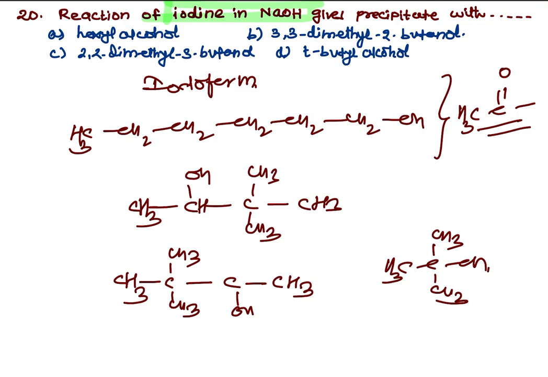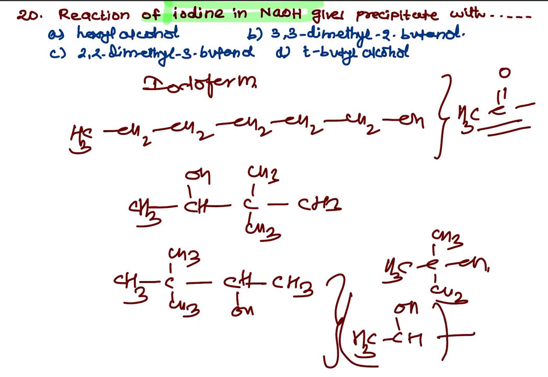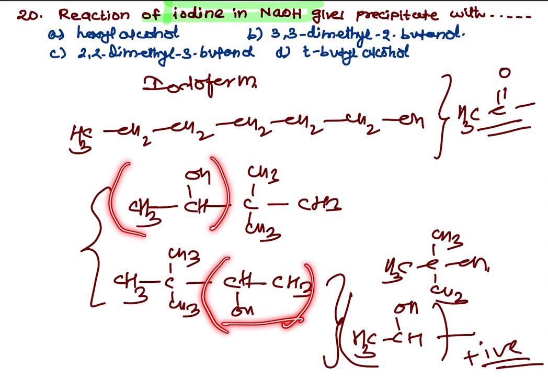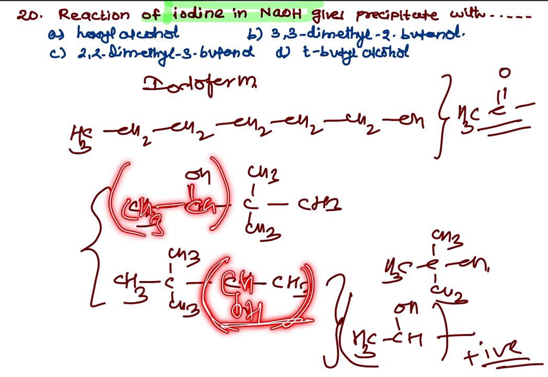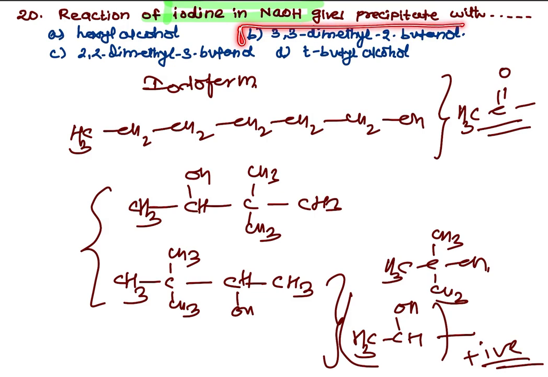But in the case of alcohol, one having CH3CHOH gives a positive iodoform test. Here definitely the answer is this alcohol, because here it is CH3CHOH. The alcohol which has CH3CHOH gives a positive iodoform test. So the answer is B. The third one is not correct IUPAC. So here it is B.